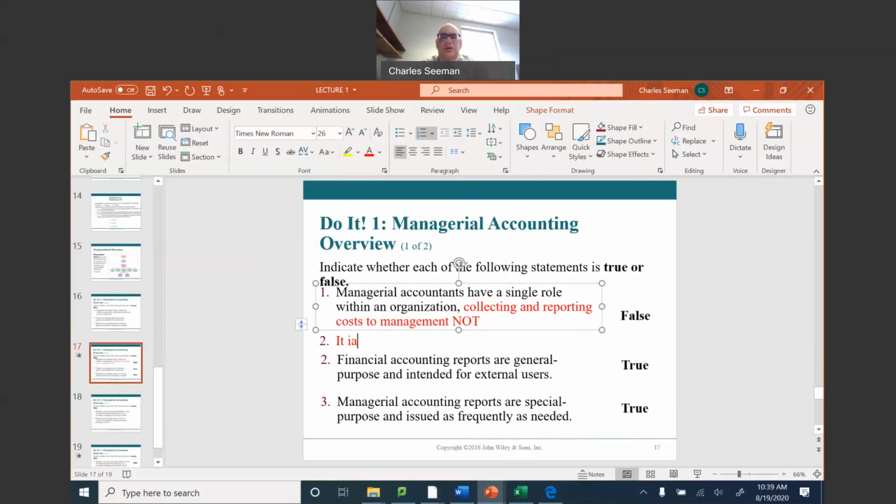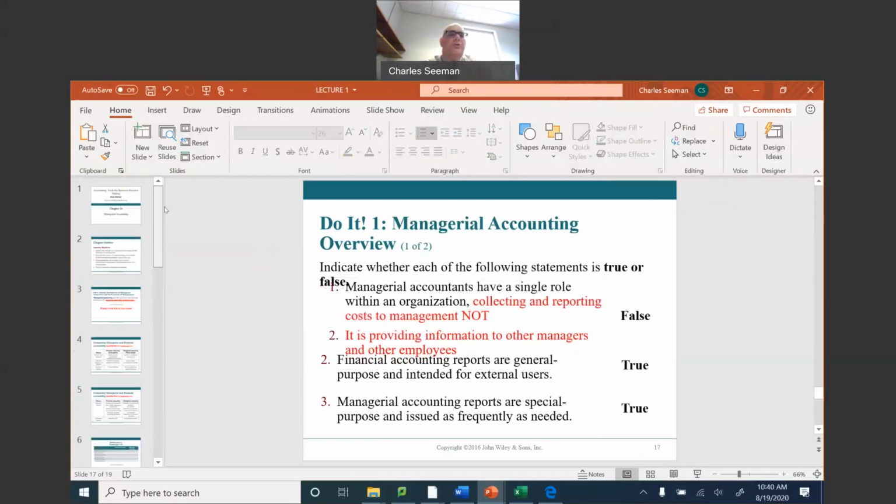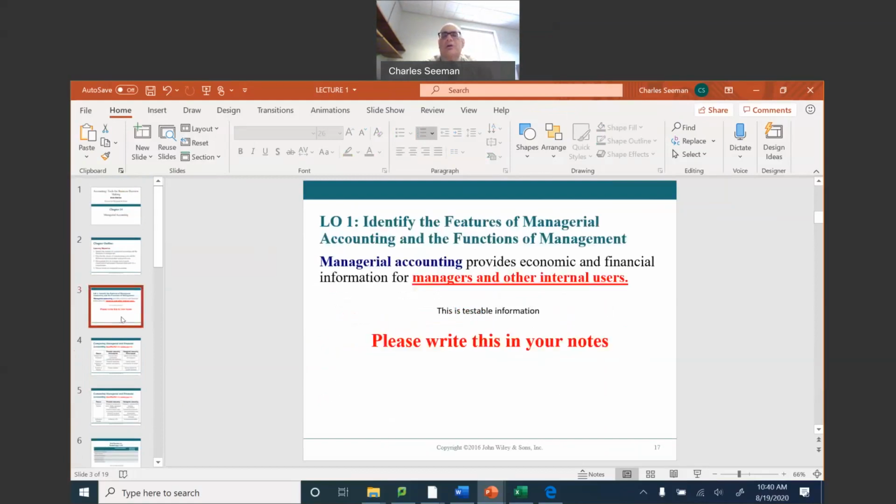It is providing information to other managers and other employees. That is false because it's not collecting and reporting costs to management. They report information. Go back to the earlier screen: provide economic and financial information.